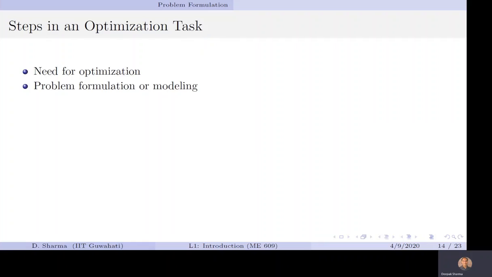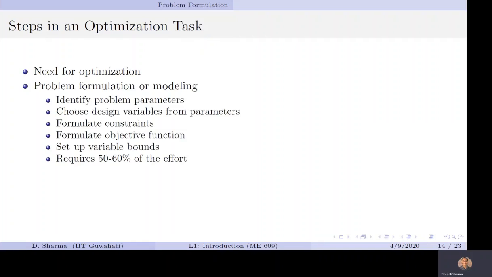In problem formulation, we will be looking for mathematical equations. It involves identifying problem parameters. Then among those parameters, choose design variables. Then we have to formulate the constraints and objective function using design variables. Then we set up the variable bounds.